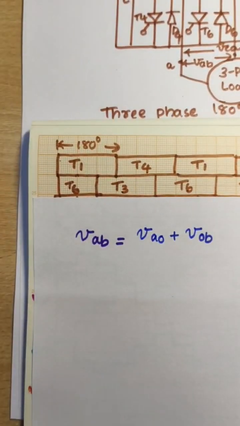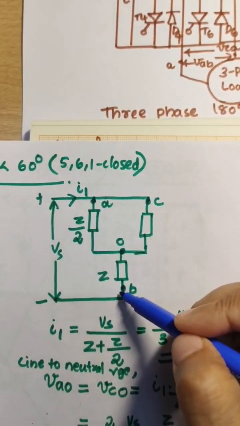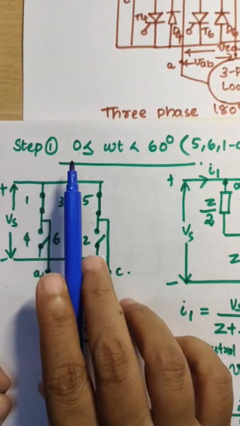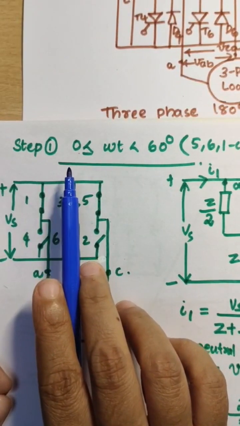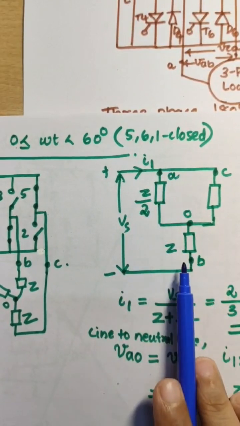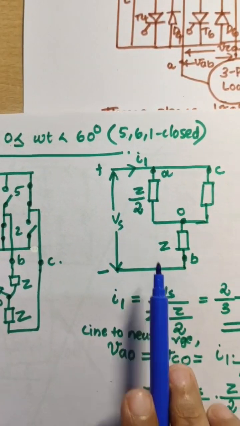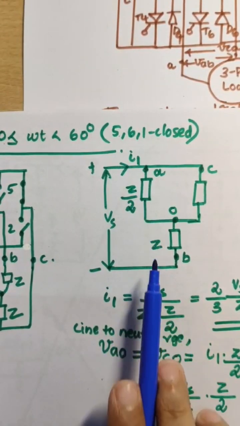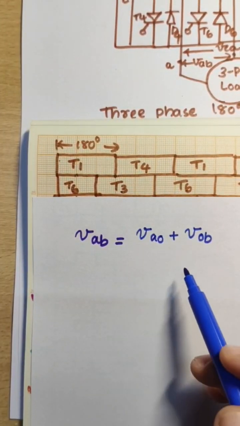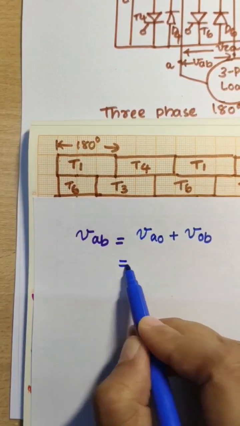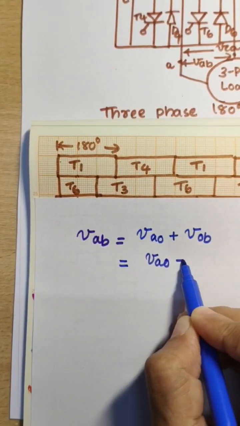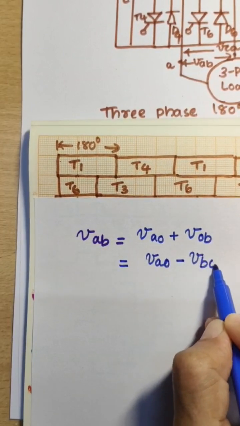This is for step 1. We solved the equivalent load diagram of step 1. In that, AB voltage is equal to VAO plus VOB. Then from this, we can write it as VAO minus VBO.